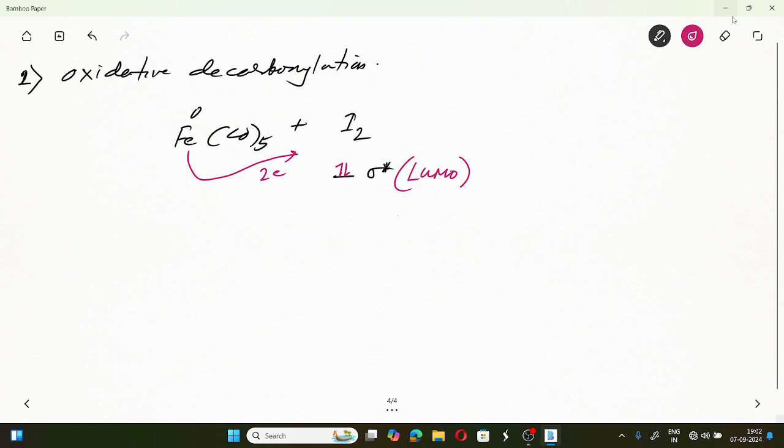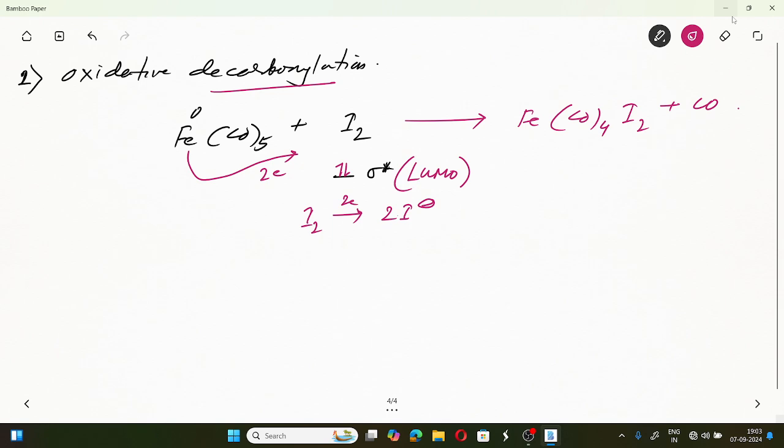Now once it accepts two electrons in the sigma star LUMO, this iodine is converted to twice I minus. The iodine bond breaks, bond order becomes 0, and two I minus form, so the final product is Fe(CO)4I2 plus CO. So it is oxidative decarbonylation, meaning one carbon monoxide is released. So there is oxidation along with removal of carbon monoxide.